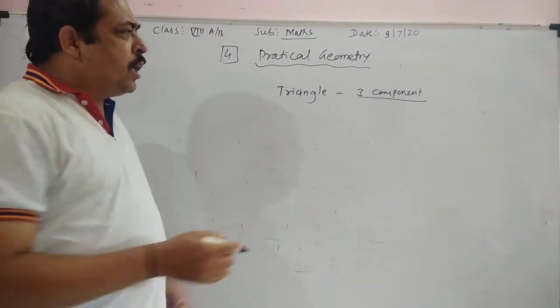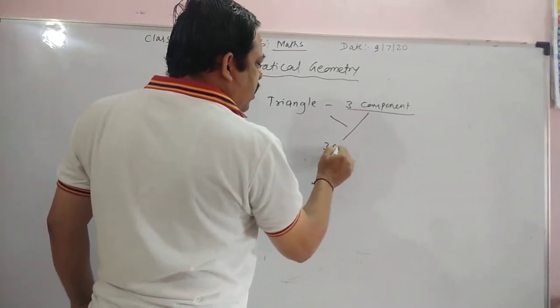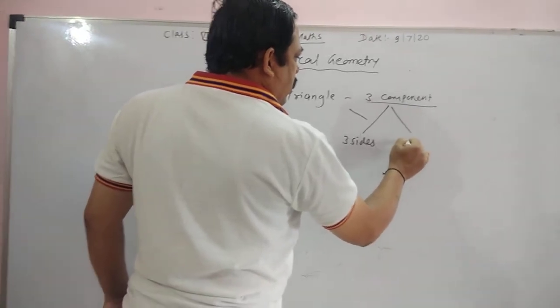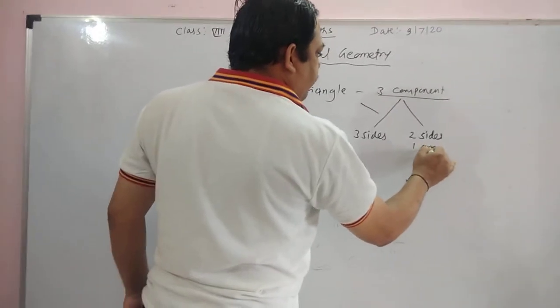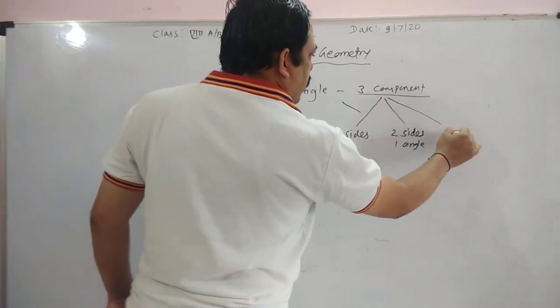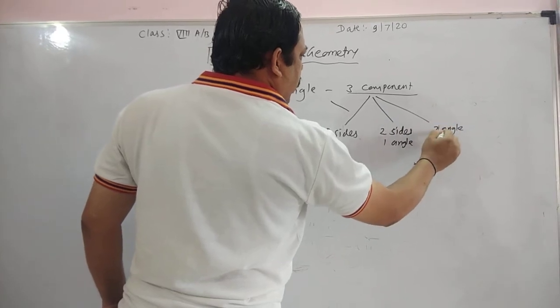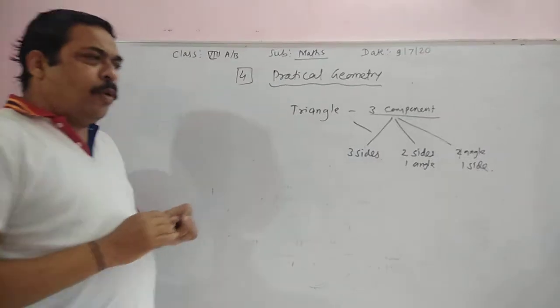Whether those 3 components contain 3 sides, 2 sides and 1 angle, or 2 angles and 1 side. These are the 3 possibilities.